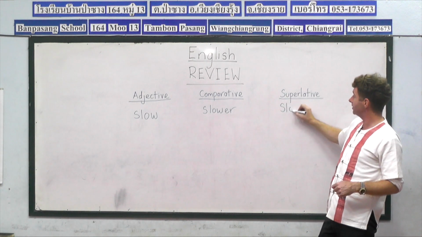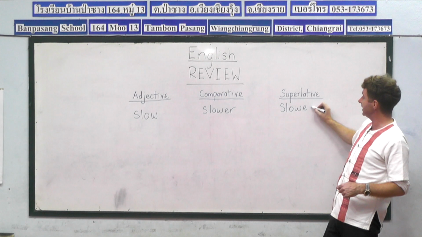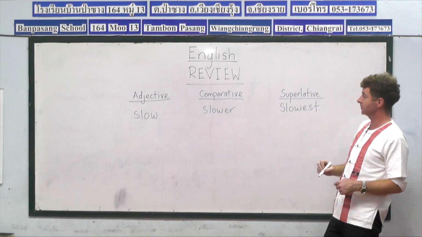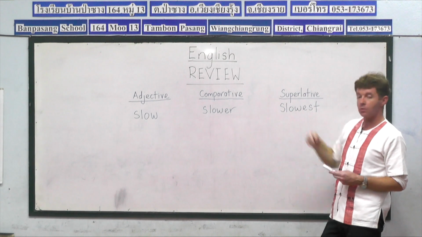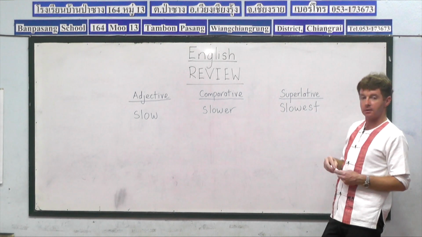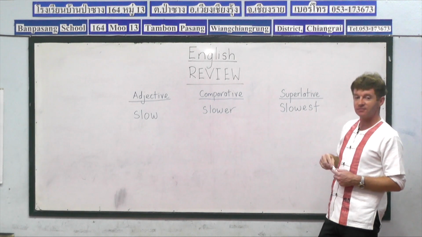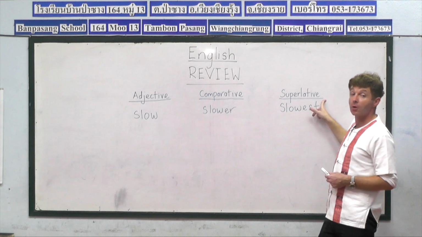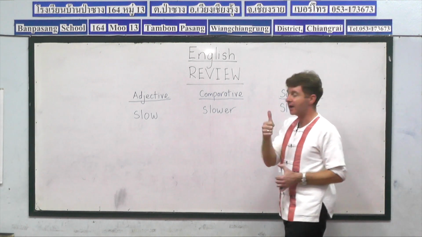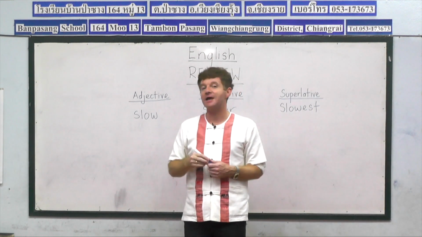S-L-O-W-E-S-T. You see, the three different groups of words: slow, slower, slowest. Adjective, comparative, superlative.